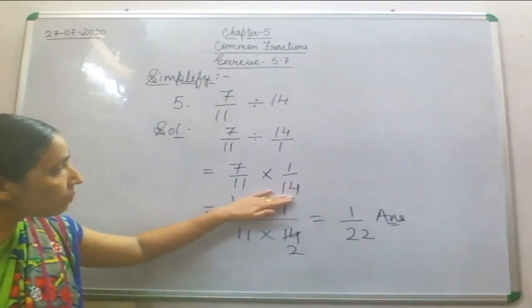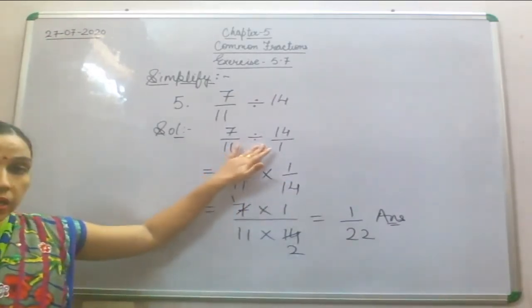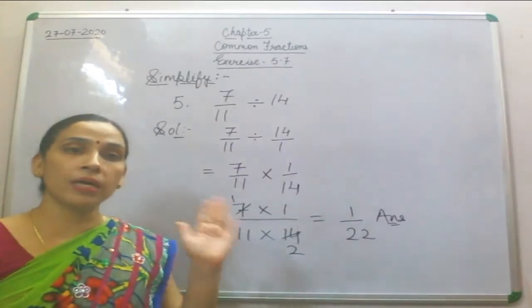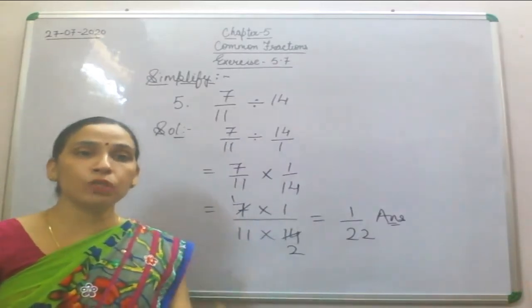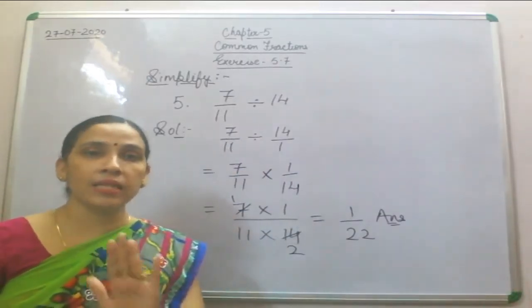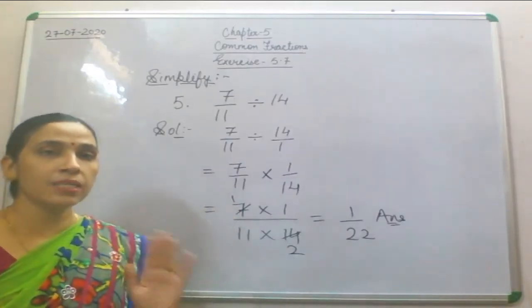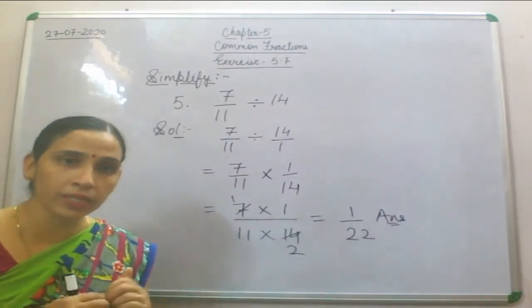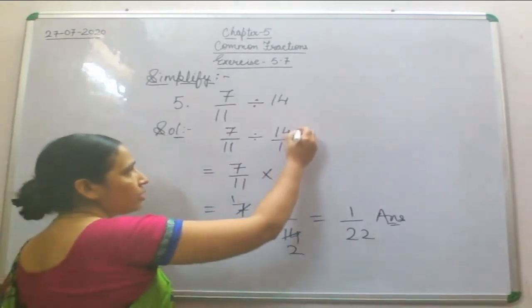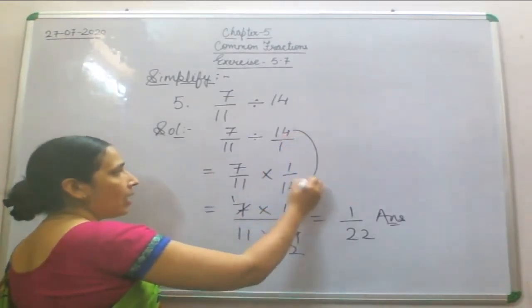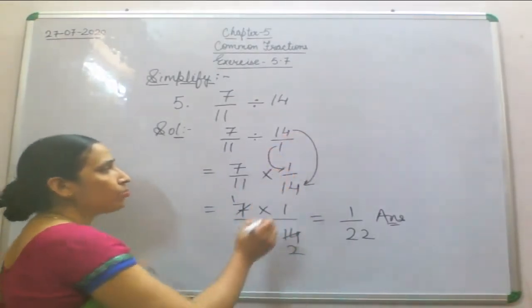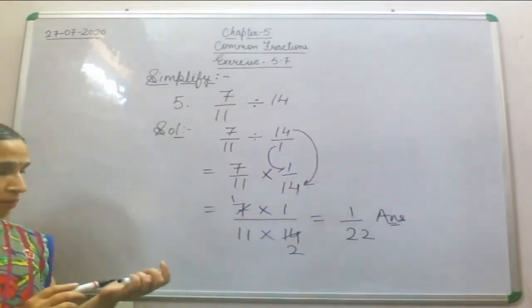Why will it become 1 by 14? Because whenever we change division into multiplication, the fraction after the division becomes its reciprocal, meaning the numerator will come into the denominator and the denominator will come into the numerator. So this will become 1 by 14.